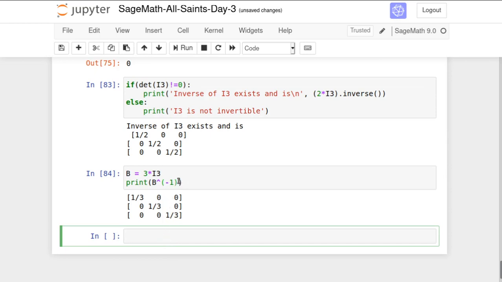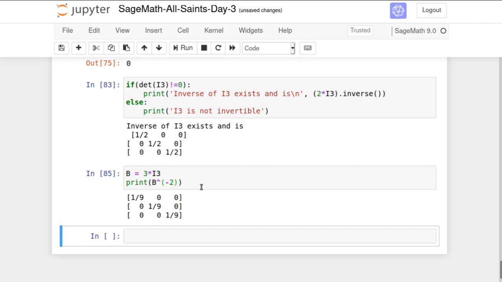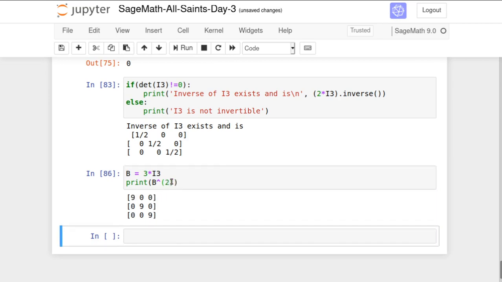So instead of using the inverse command, we can straight away use b to the power -1. b to the power -2 also will work. And b to the power 2 also will work. So all these things will work. Once you create a matrix object using the matrix command, any of the operations that we usually perform over matrices can be performed here. So this is quite easy.